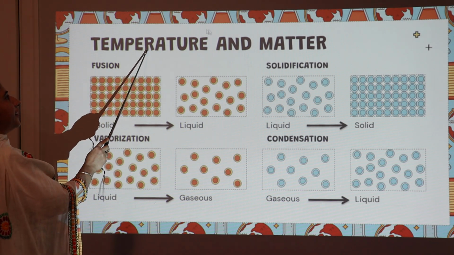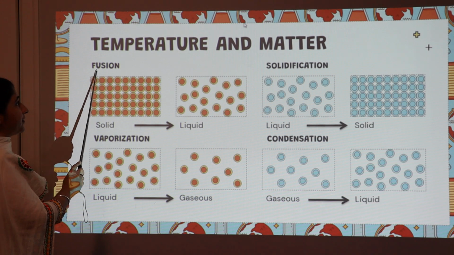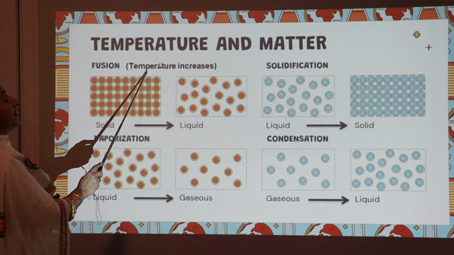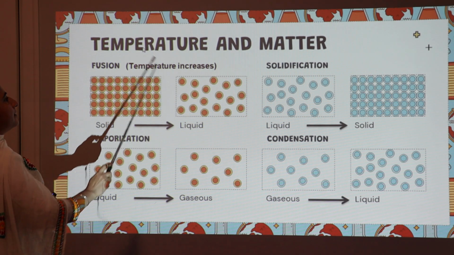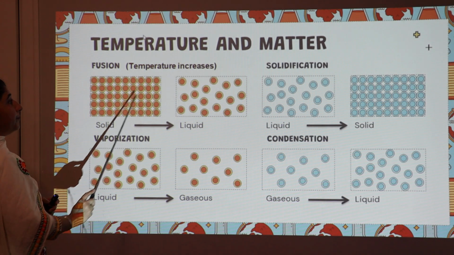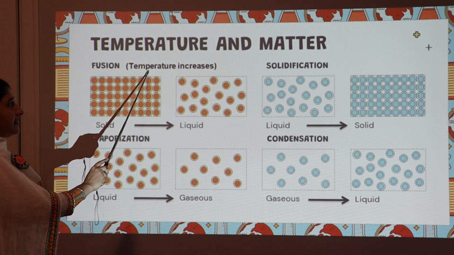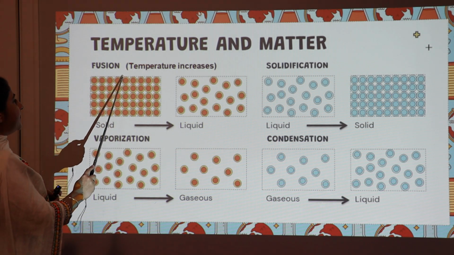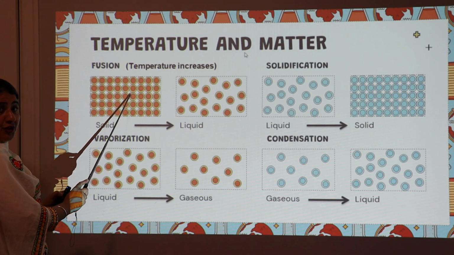So what is the effect of temperature? In the first process, fusion, it takes place only when the temperature increases. So why does the arrangement of particles change on increasing the temperature? When the temperature is increased, the particles in a solid state absorb energy.